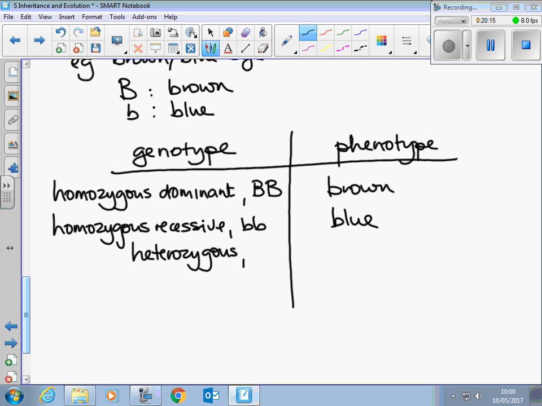All right, those are fairly straightforward, but then the ones that confuse matters are always the heterozygous ones. All right, big B, little b. Now, theoretically, it could be little b, big B, but there's a convention that you always put the big letter first. It's a bit like algebra, to be honest. And when we start looking at dihybrid crosses, where we look at two characteristics at once, we then put them in alphabetical order as well, like you would in algebra.